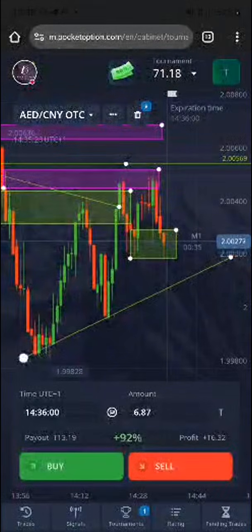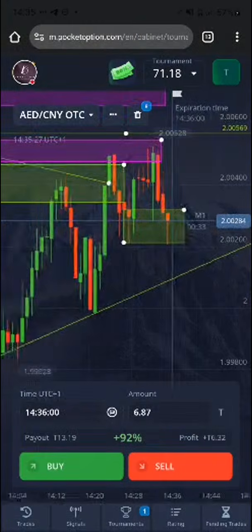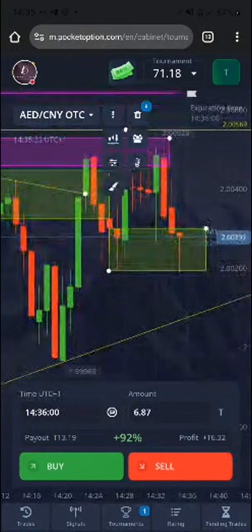So if you don't have enough reason to go with the buyers, you don't go with the buyers. Even if you have a hunch that the buyers may come in, hunches don't give you good trades in the market. You can see I suspected that the buyers would come in, but I didn't have enough reason to go with the buyers, so there's no point doing that.